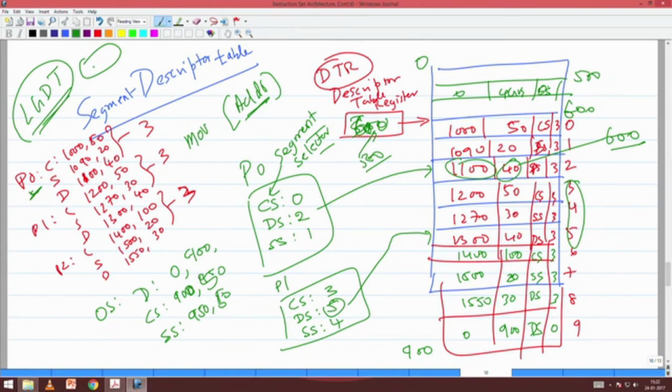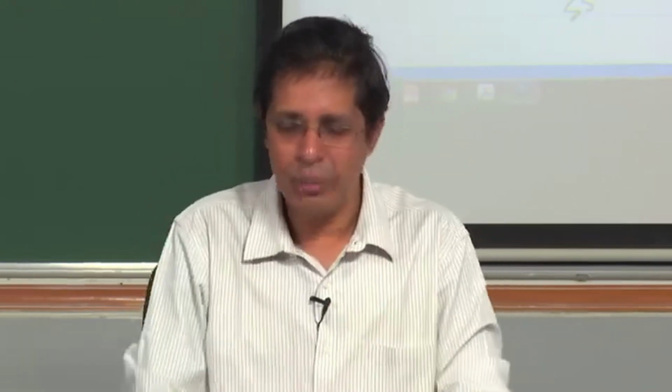So the process cannot go and change the base of the descriptor table and add its own descriptor, because this LGDT is a privileged instruction and only privilege 0 code, in our case the kernel, can go and touch it. So when a descriptor table is fixed with privilege 0, then what happens? Nobody can change it, only the kernel can go and change it, right.